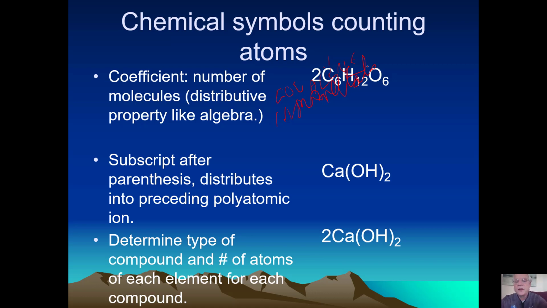Calcium hydroxide, this is a metal attached to a polyatomic ion. The OH is listed in that table E, so this is an ionic compound. And the last one is an ionic compound also. It's the same one, but with a 2 in front of it.